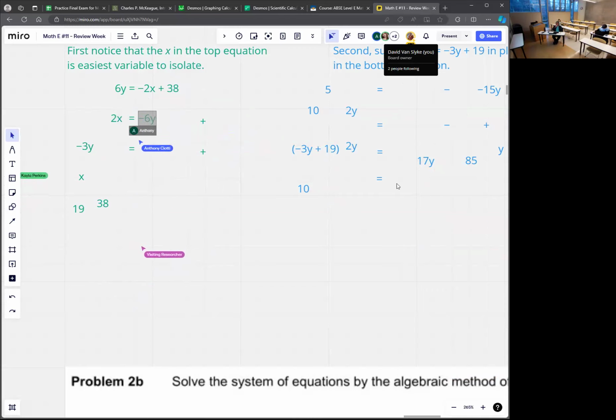We move the 2x to the other side, it becomes positive. If we move the 6y to the other side, it becomes negative. Now we just divide everything by 2.